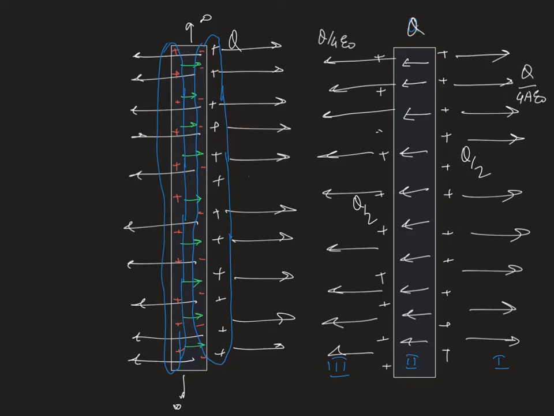Now let's talk about the charges on the left. These charges, Q by 2 on the left. Due to these charges also, I'll show it with a different color. There will be a field away from the charges, showing it with green as you can see. There will be fields away from the charges this way.